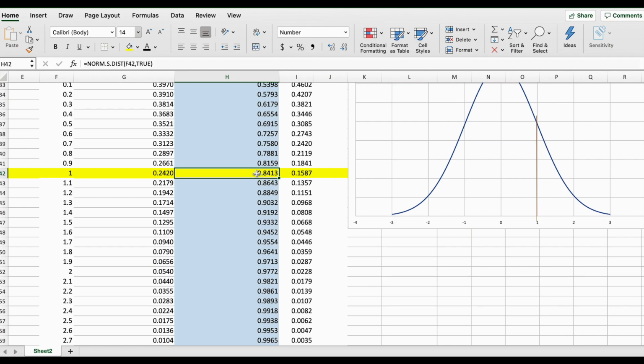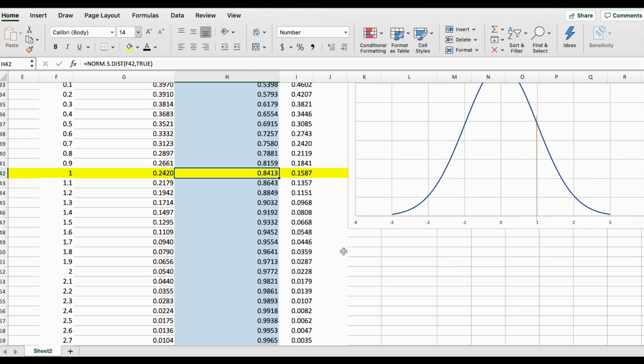The value we got when we used the normal standard distribution function in Excel for cumulative probability for a z value of 1 was 0.8413. That means that the probability on the left hand side of 1, or less than 1, equals 0.8413. Another way to say this is the 84th percentile under your standard normal curve equals 1.